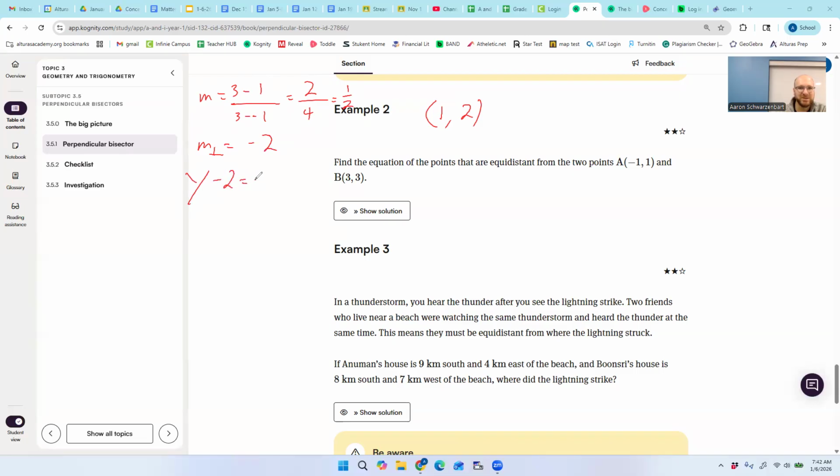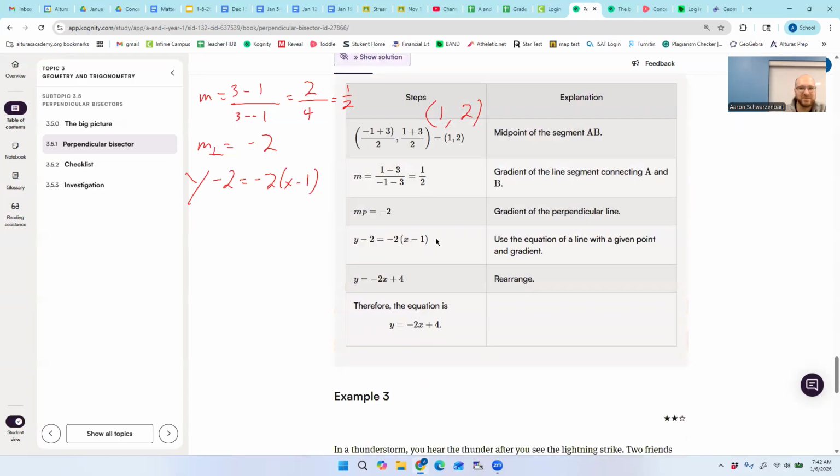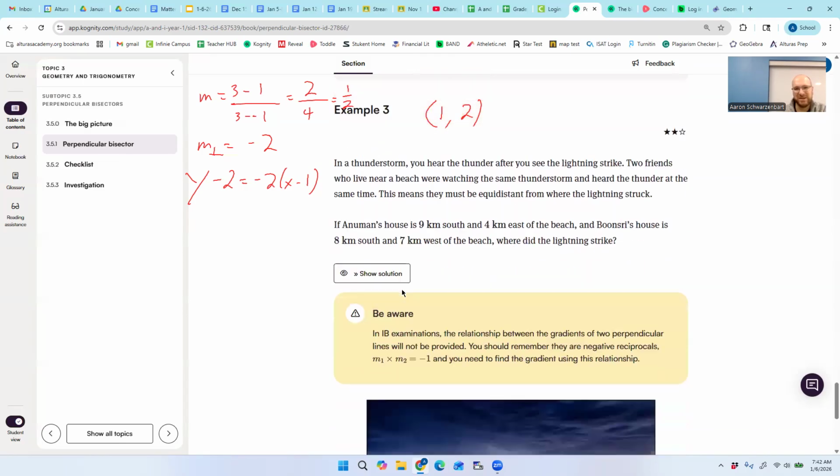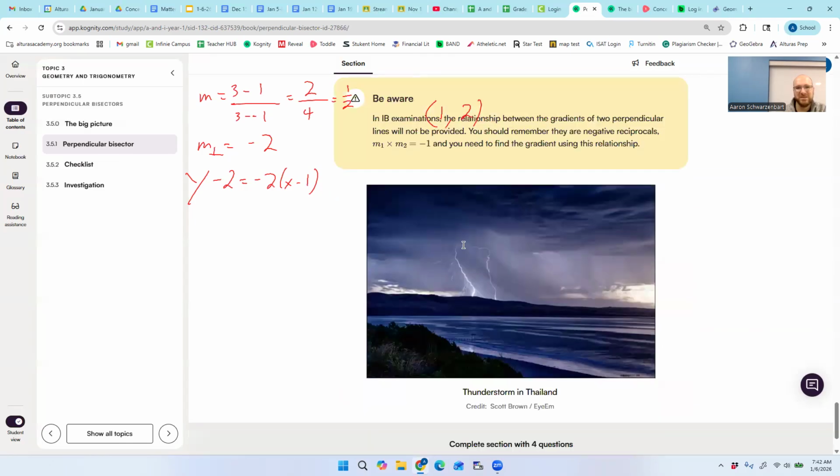Y minus 2 equals negative 2, x minus 1. And they decided to put it into slope-intercept form. Fine. If it doesn't specify, it doesn't matter.